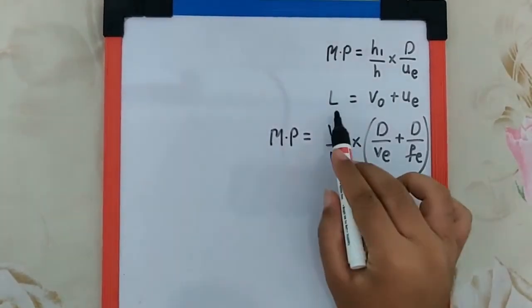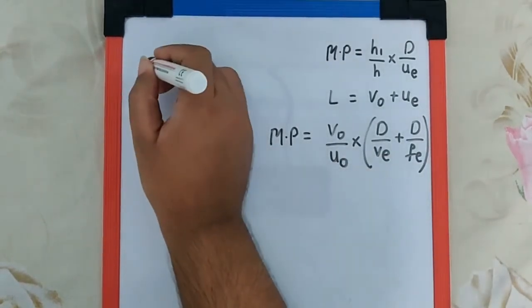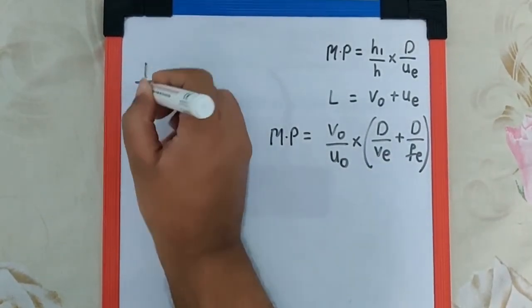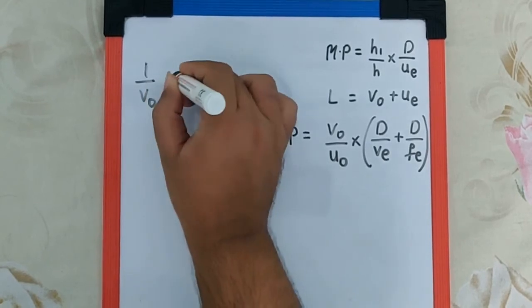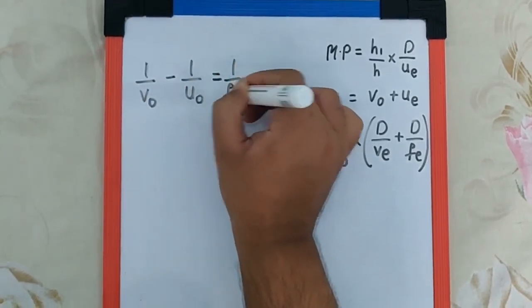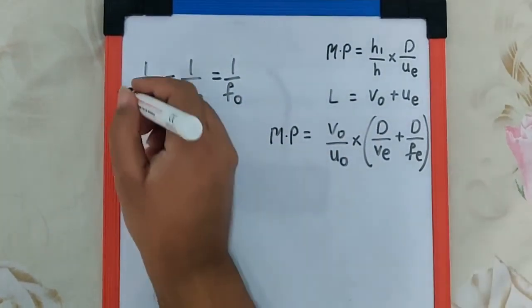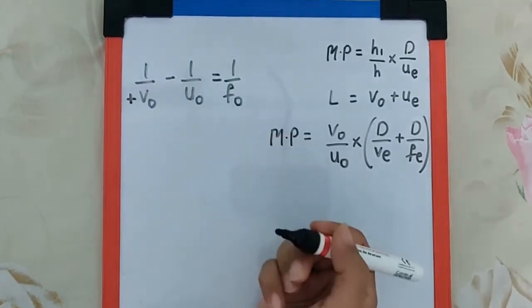Now if we concentrate on this formula where VO and UE are used, we use the lens maker equation for each of them. 1 by VO minus 1 by UO is equal to 1 by FO. We know the image was on the right hand side of the objective, so positive.